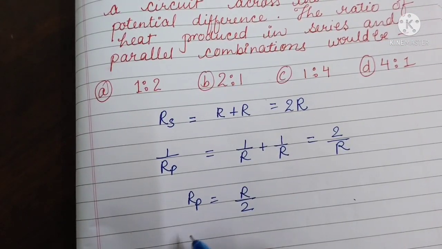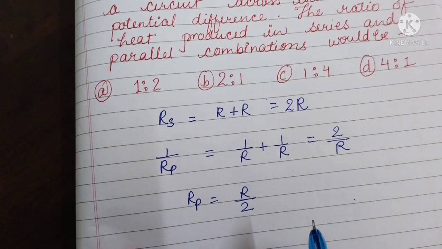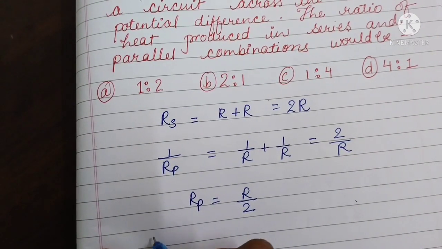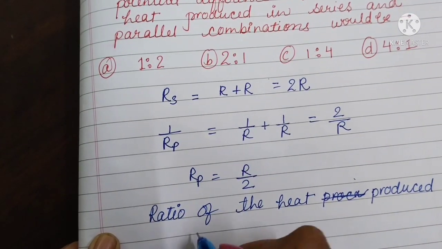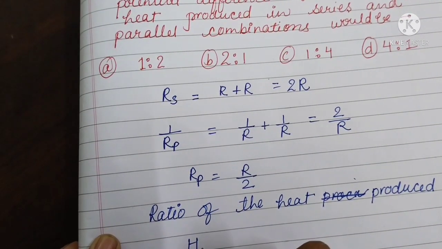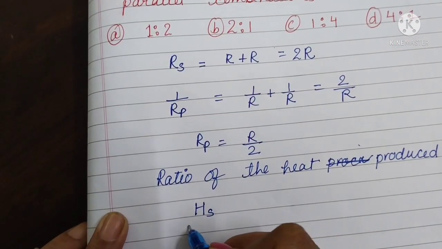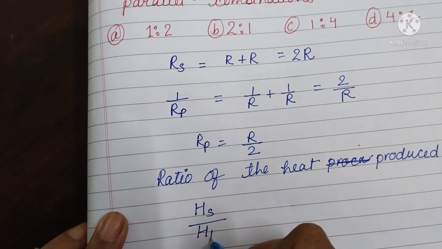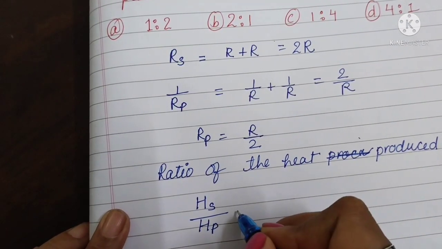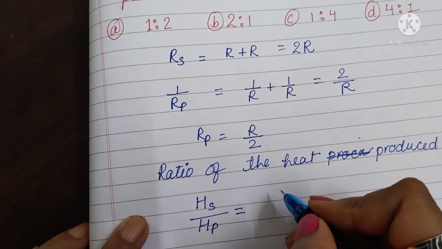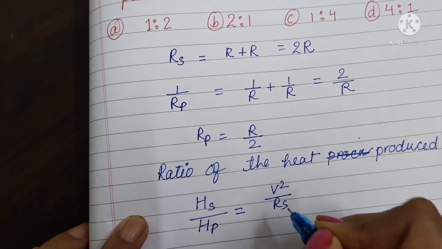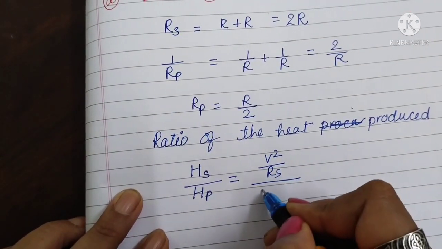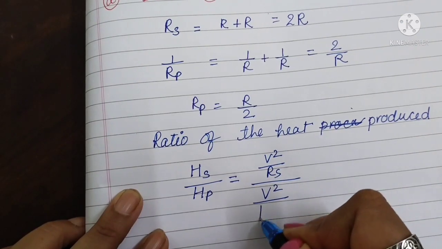Now we want the ratio of the heat produced. Let's suppose the heat produced in series connection be Hs and heat produced in parallel connection be Hp. So we can write the ratio as V square by Rs upon V square by Rp.